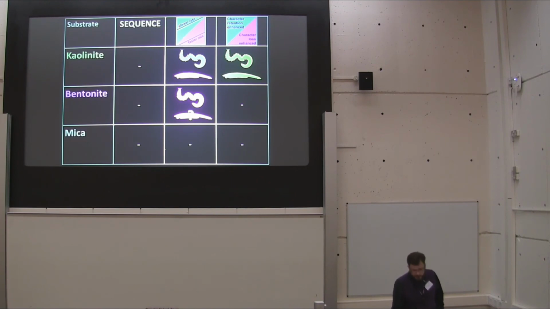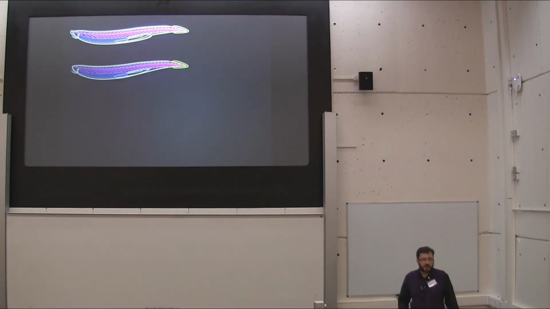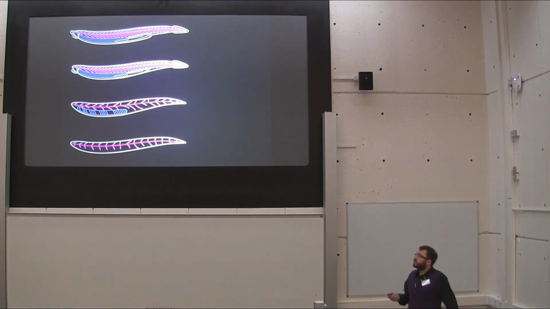But you're probably all sitting there thinking, well, why should I care about any of these results? There are two things that I want you to take away. One is that sequence is really important. If we're going to make comparisons between biases from decay and biases based on phylogeny, then we need to know that sequence is robust to the conditions in which these animals were decaying, and we've demonstrated that this is the case.